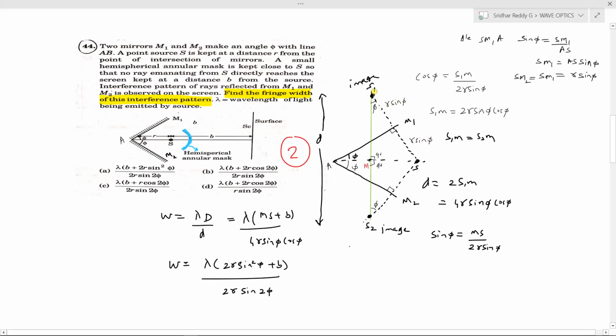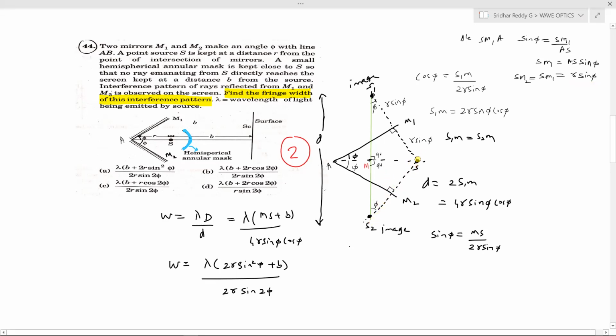What is S1M1? Earlier we wrote SM1, now S1M1 should also be equal to R sine phi. Similarly, SM2 is the object distance, and from here it is R sine phi. Therefore, object distance should be equal to image distance.